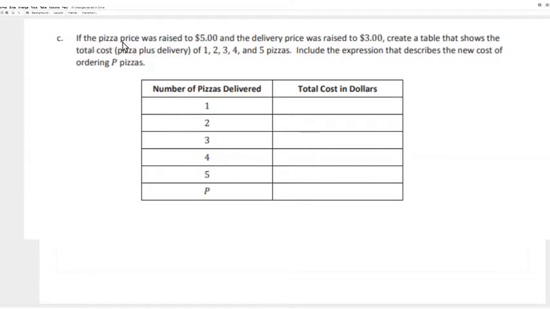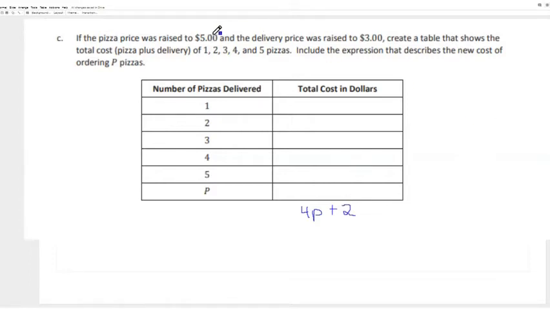It says, if the pizza price rises to $5 and delivery price to $3, create a table that would show the total price of delivering 1, 2, 3, 4, 5 pizzas. Include the expression described. If we remember from the previous example, we had 4 times P plus 2.